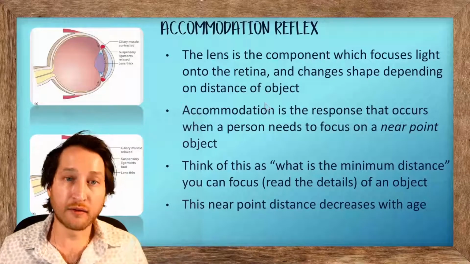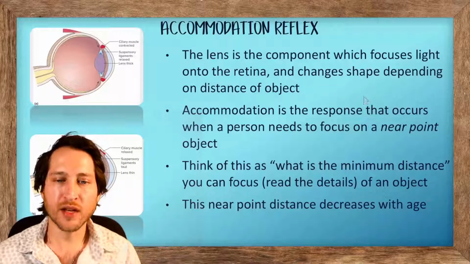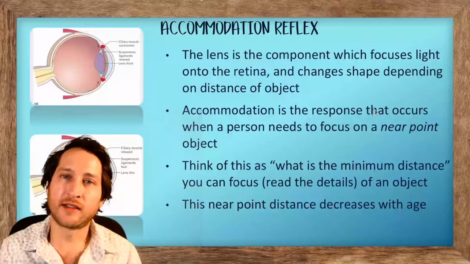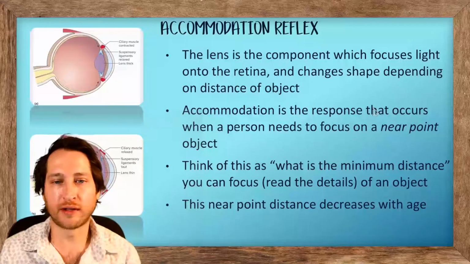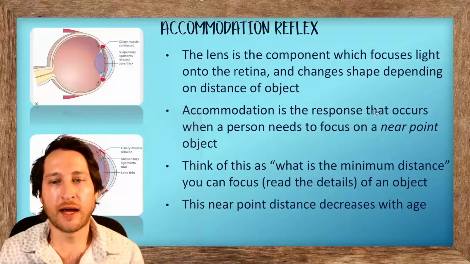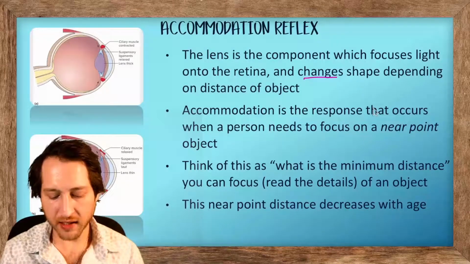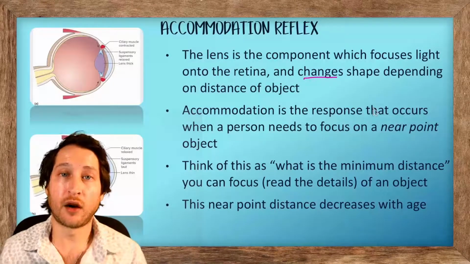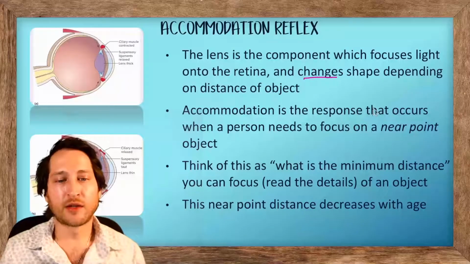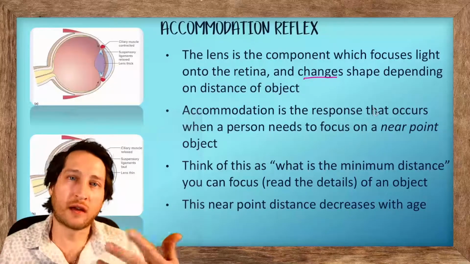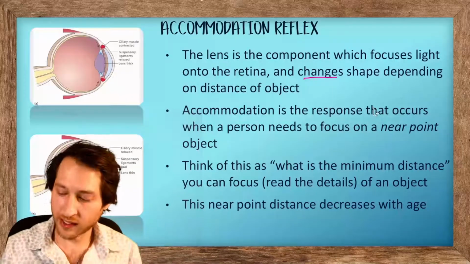Next, we're going to talk about visual accommodation. Now, the background to this is that the lens, being an elastic component, it focuses the light back onto the retina, and so it has to change shape depending on the distance of the object, all right? And so the bottom line is that as we age, that elasticity of the lens decreases.